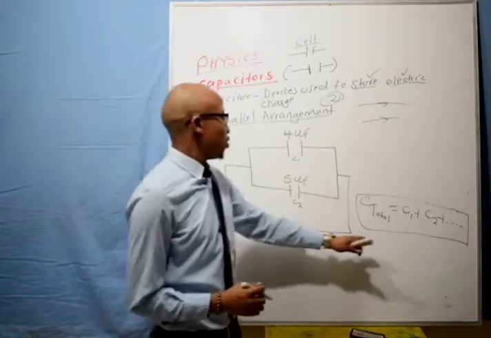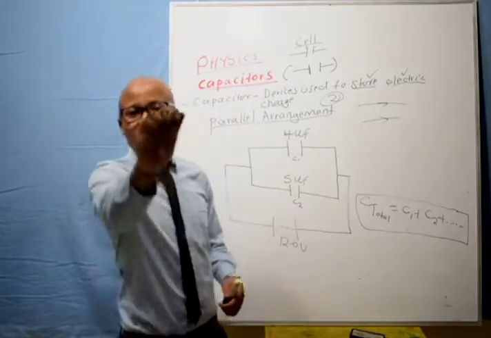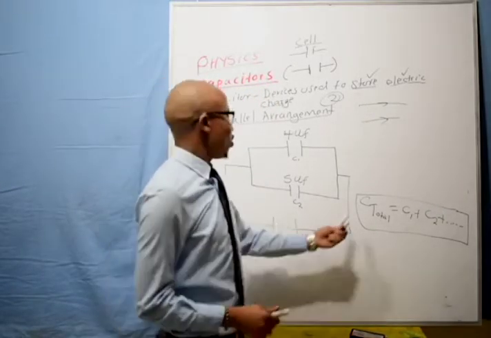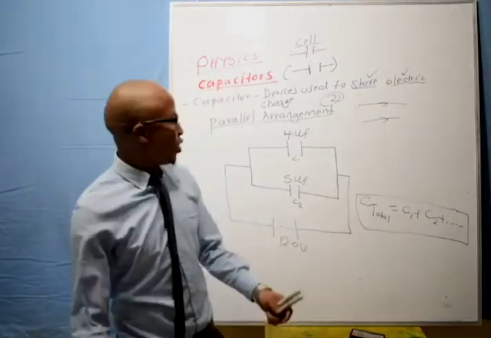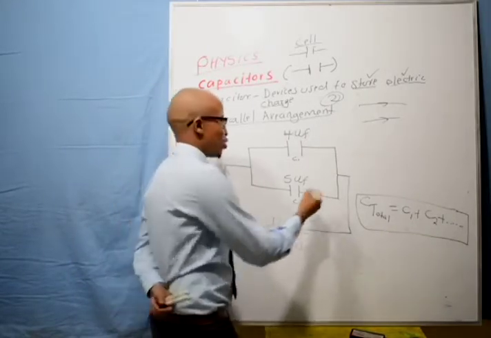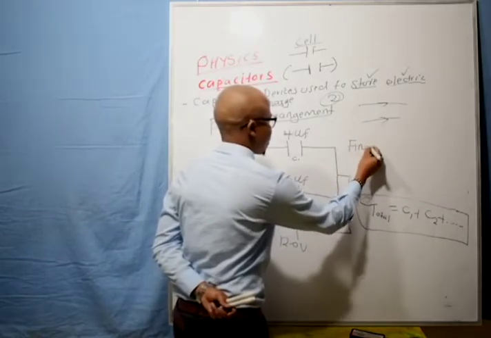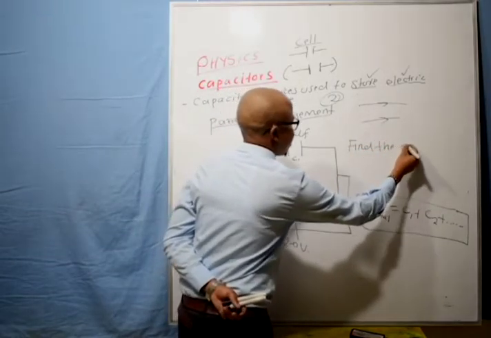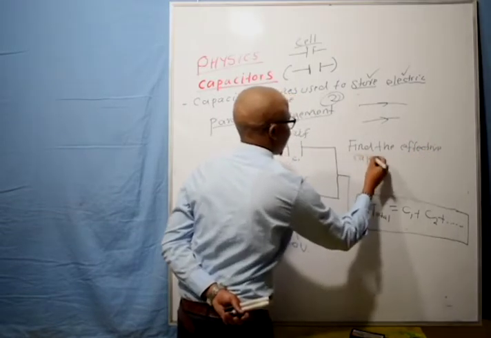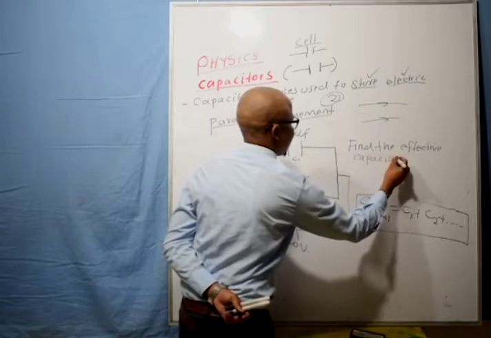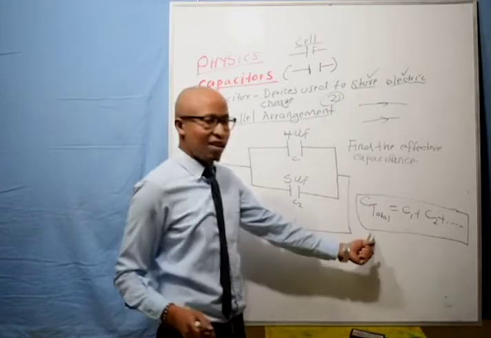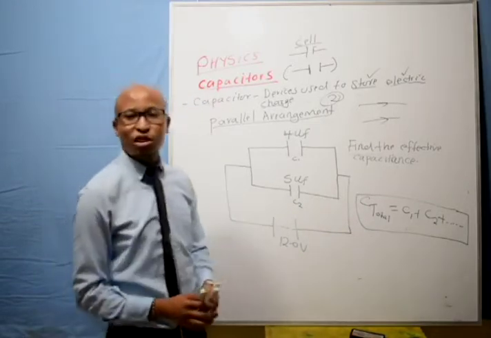So what are you going to do? You have the formula with you in your notebook. Students, can you now use the formula to find the total of the effective capacitors? The question was, find the effective capacitors. Knowing that you have the formula and the question, what are you supposed to do?